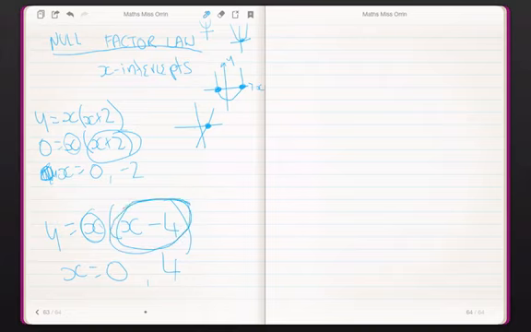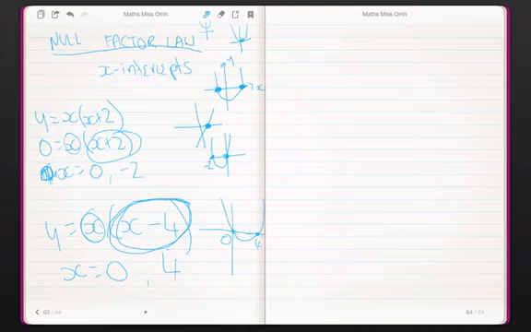Okay, so that's how we figure out what x could possibly be. So if we drew it like this, our graph would look something like that, with this being 4, and this is obviously 0. Same with this one. If we did this one, it would look something like that. This would be 0, this would be negative 2. That is what this is telling us, okay?